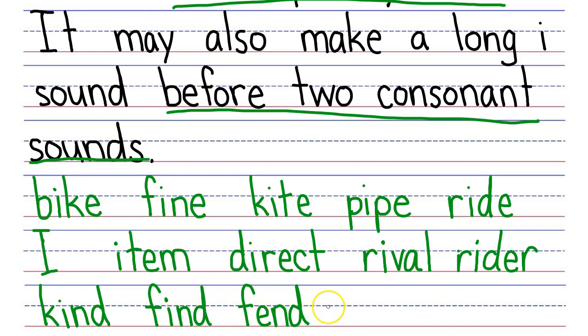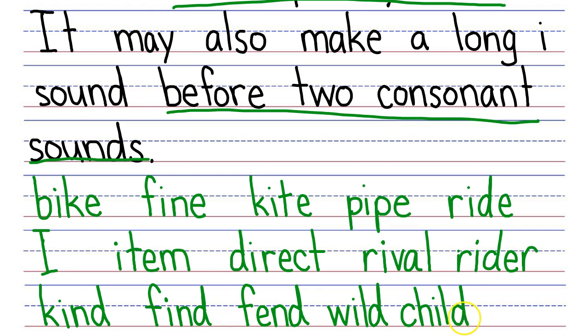Next word, wild. Here we have a W that says w, an I that makes its long I sound, I, because it's followed by two consonant letters, the L that says l and the D that says d. W, I, l, d. Next word, child. We have a CH that says ch, an I that makes a long I sound, I, an L that says l, and a D that says d.